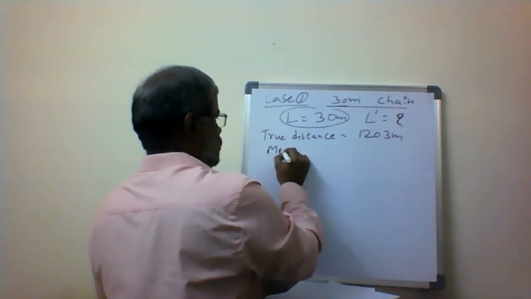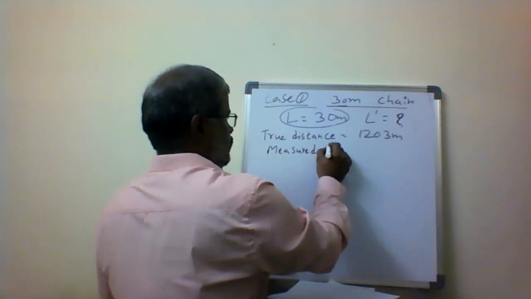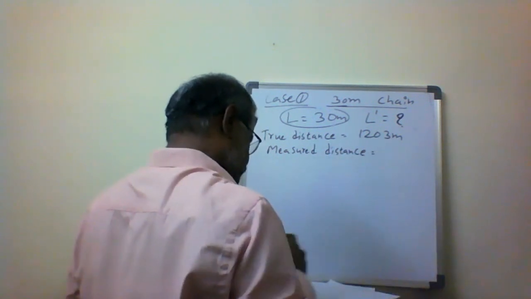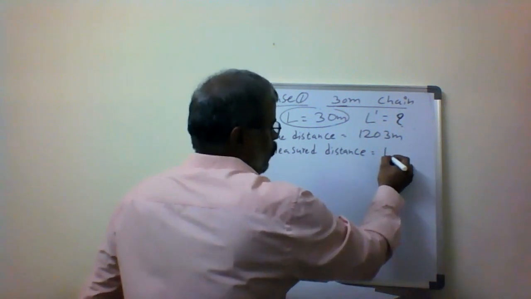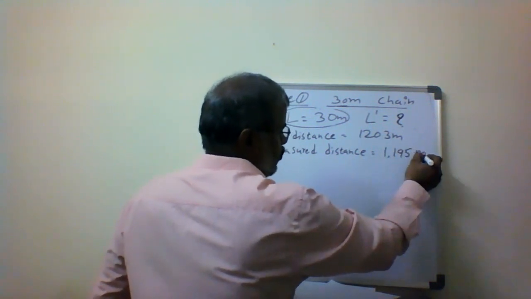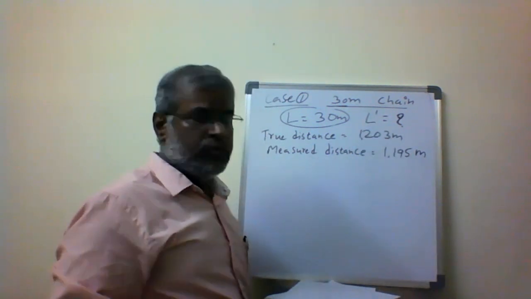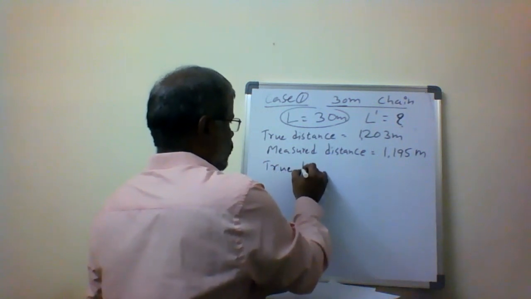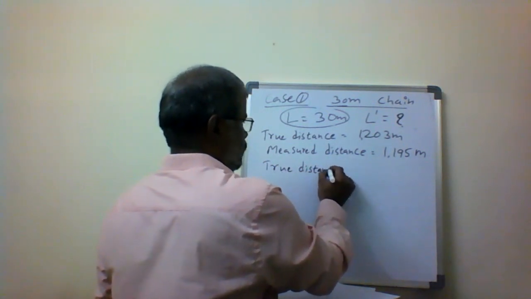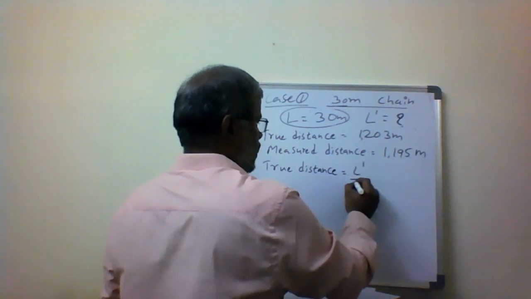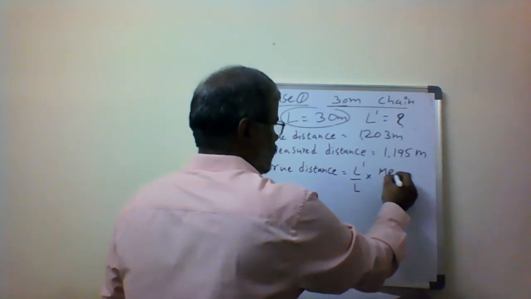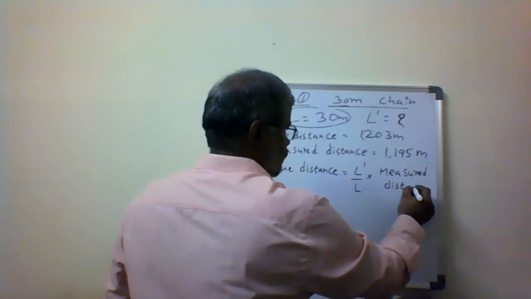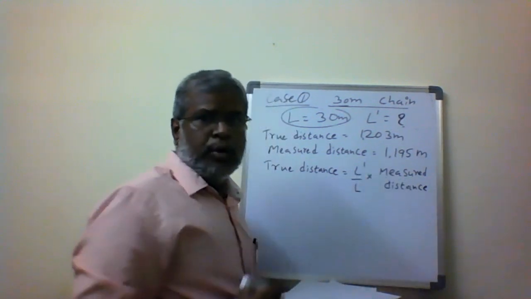The measured distance is 1,195 meters. So true distance equals L dash by L into measured distance.